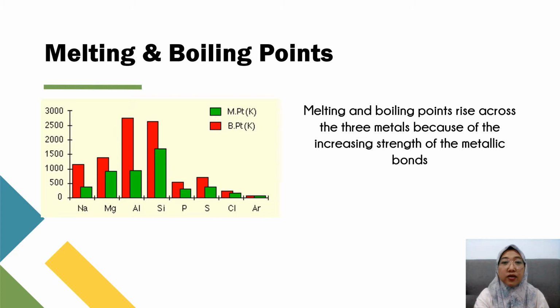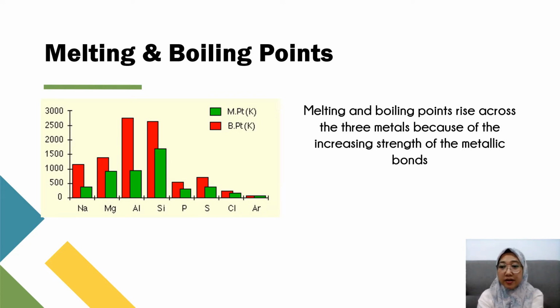Okay, kita tengok the number of valence electrons. Okay, the higher the valence electron, the stronger the metallic bonds. Okay, lebih banyak dia punya electrovalence, semakin kuat dia punya metallic bonds.